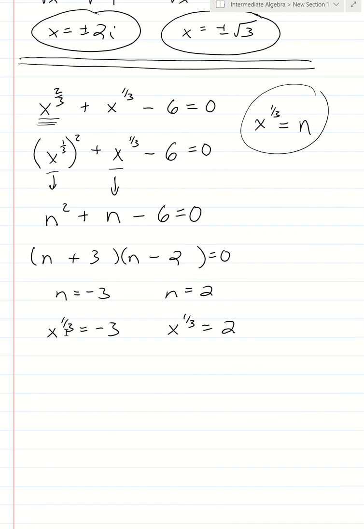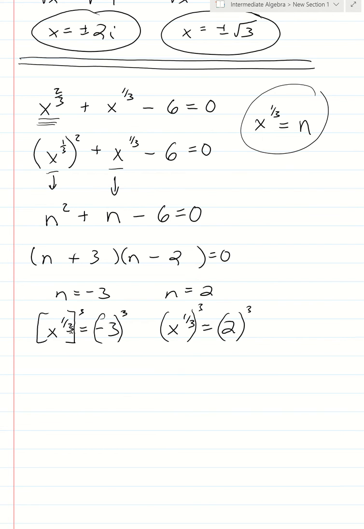Well, to get rid of this fractional exponent of 1/3, what you want to do is raise both sides to the reciprocal power, and the reciprocal of 1/3 is 3. So we're going to cube both sides. Same thing here. x to the 1/3 power, we want to eliminate that 1/3 power. So I'm going to raise both sides to the reciprocal power, the power of 3.